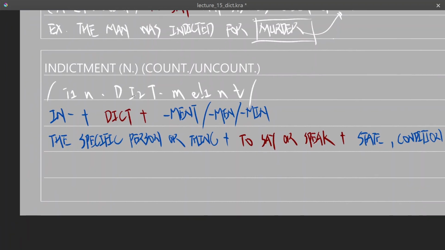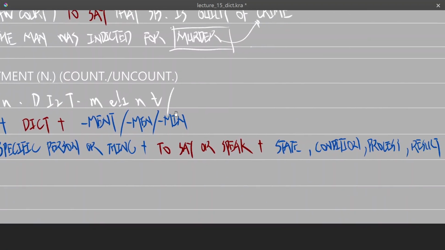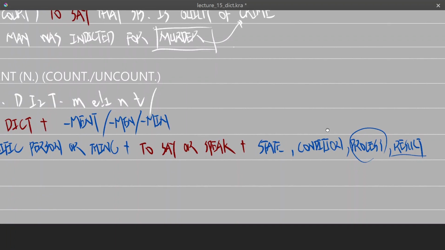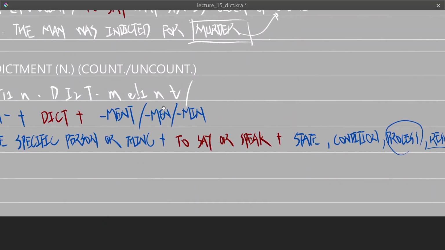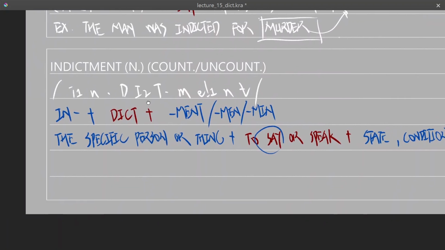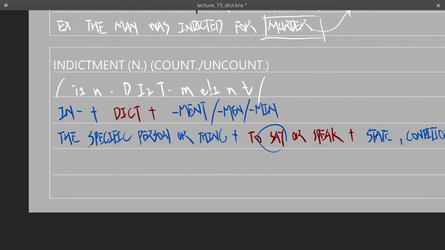Alright, so indictment literally means what? It means the process or result. It means process, or as a result, it means document. Some kind of document or process of saying that somebody is guilty of a crime.